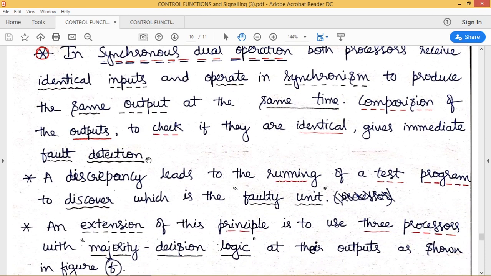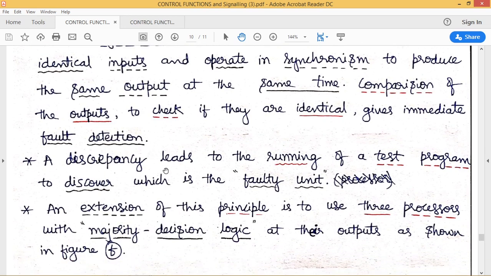That discrepancy can be resolved, or we can detect which processor is at fault by running a test program. For a test program, we know what the expected output will be. So by running a test program, we can easily identify which one is the faulty processor, which one is the faulty unit.